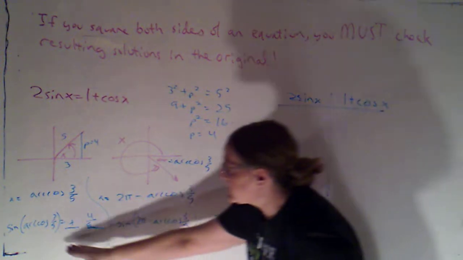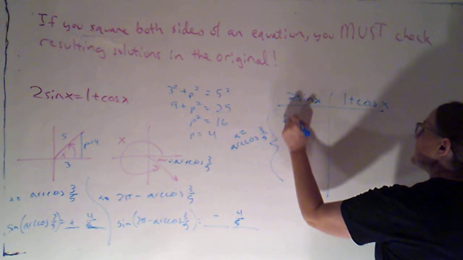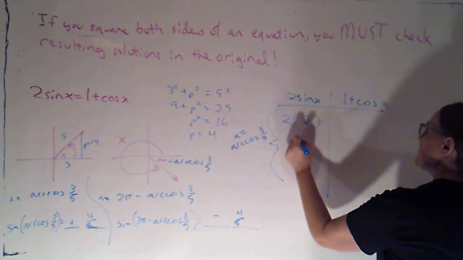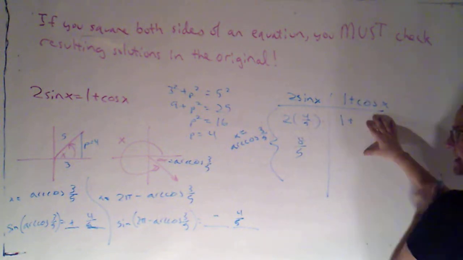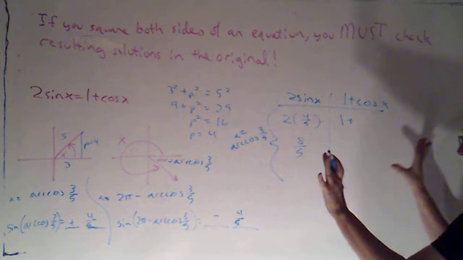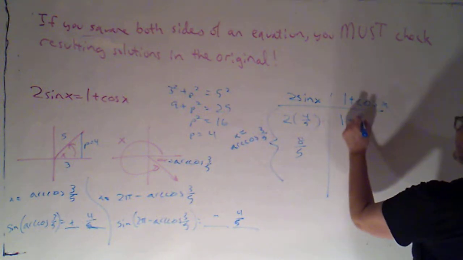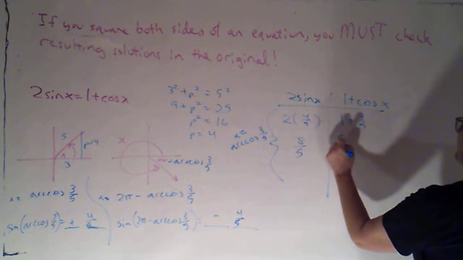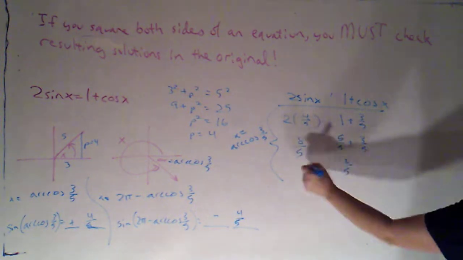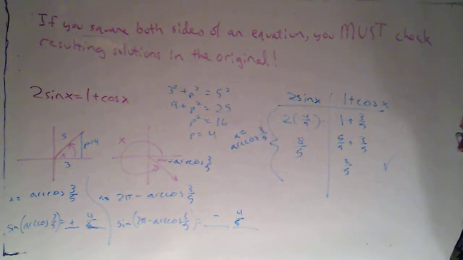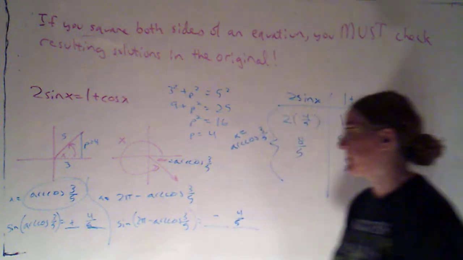That was when we said sine would be 4/5. So I would get 2 times 4/5 here, which would be 8/5. And this would be 1 plus cosine, for both of these rather, is 3/5. That would be 5/5 plus 3/5. That would be 8/5. They're the same. It checks. So this is definitely an answer.